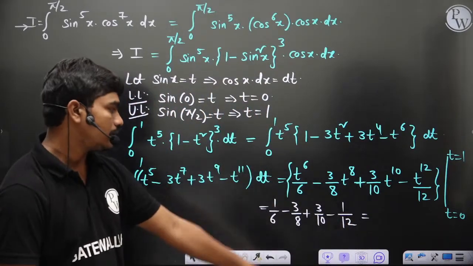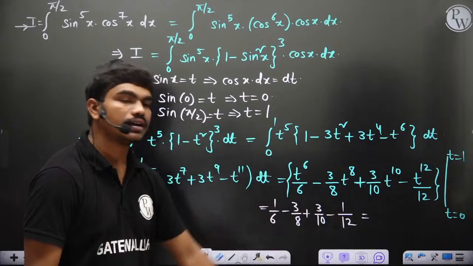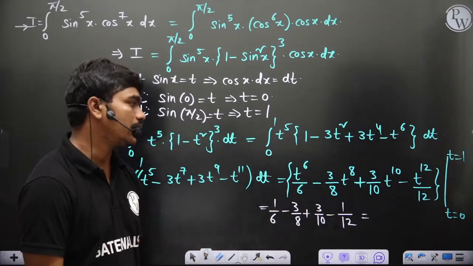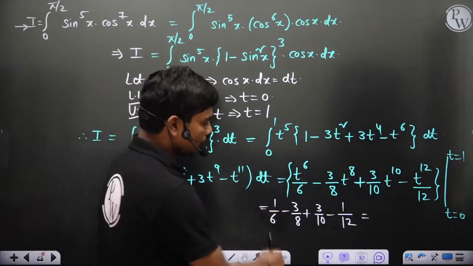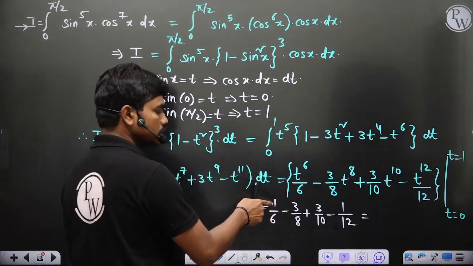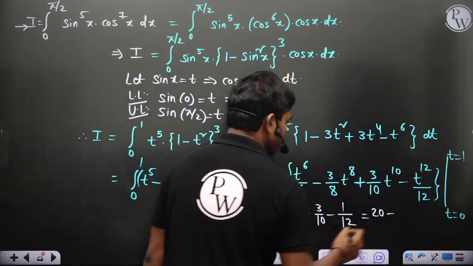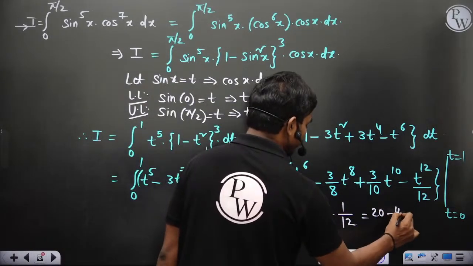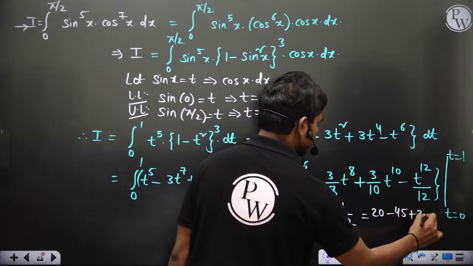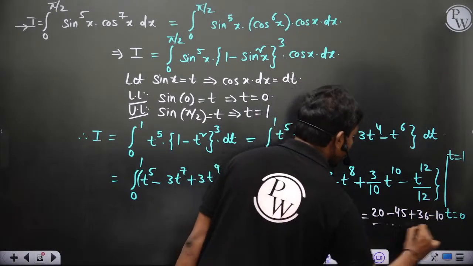Now what about the LCM? This is 6, 8, 10 and 12, so 120 is the LCM. If you want 120 here, multiply 20, so 20 minus, for 8 multiply 15, so 45, plus 36 minus 10, by 120.